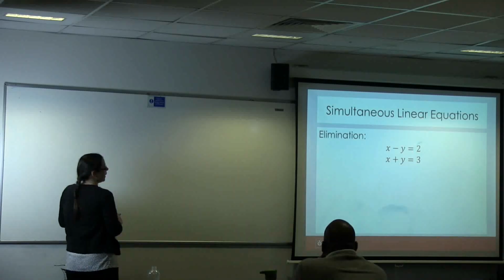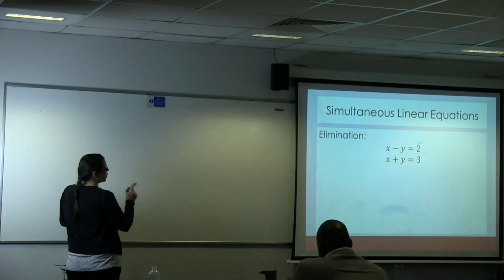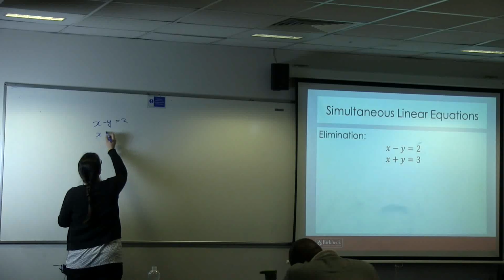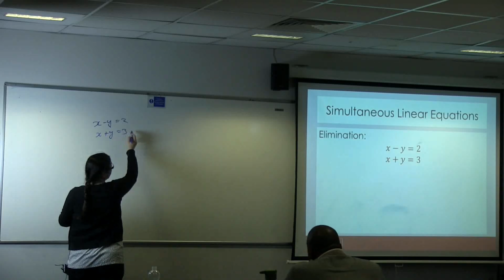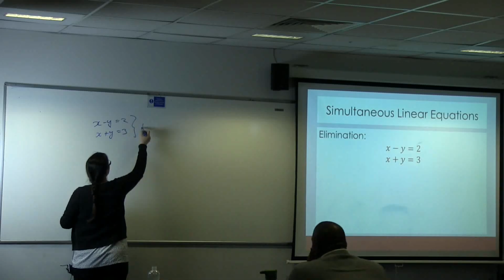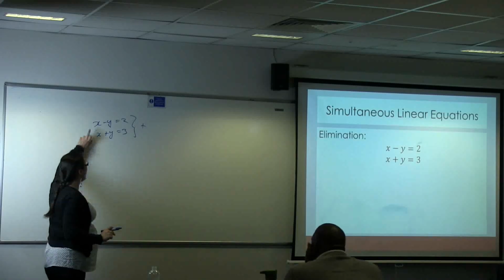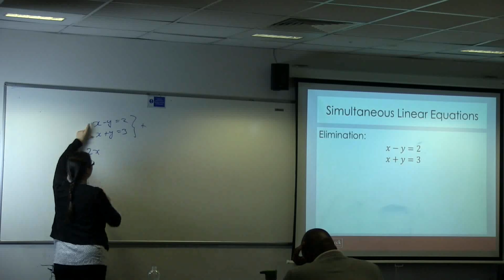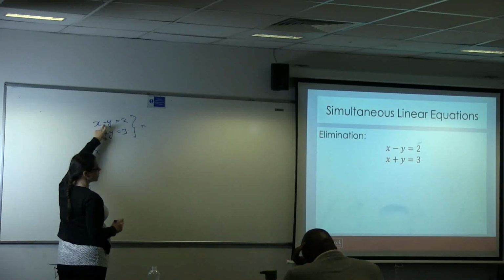So basically, x minus y equals 2, and x plus y equals 3. I'm just going to add them together. So x plus x makes 2x, minus y plus y makes 0.